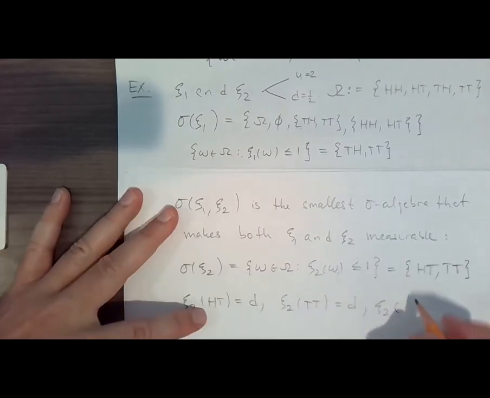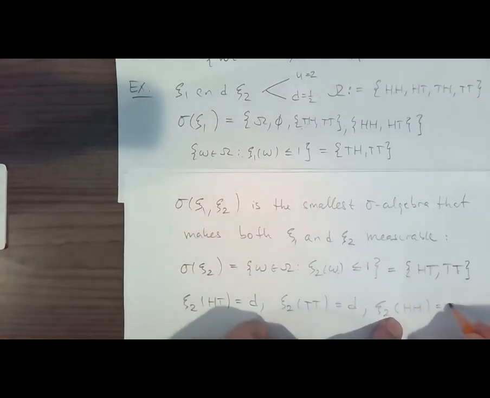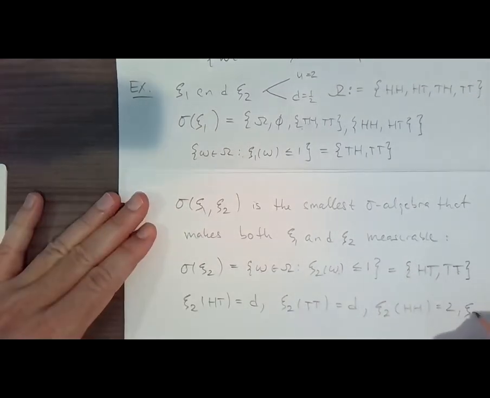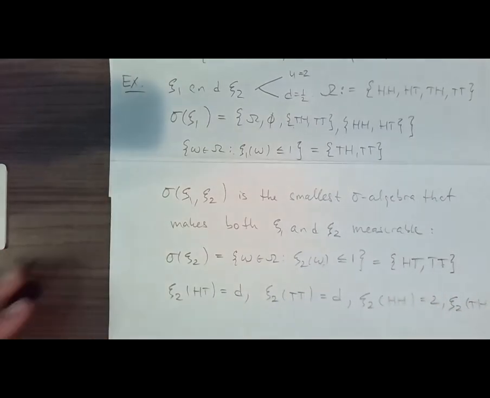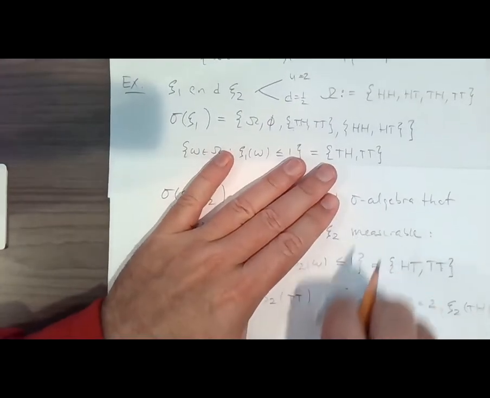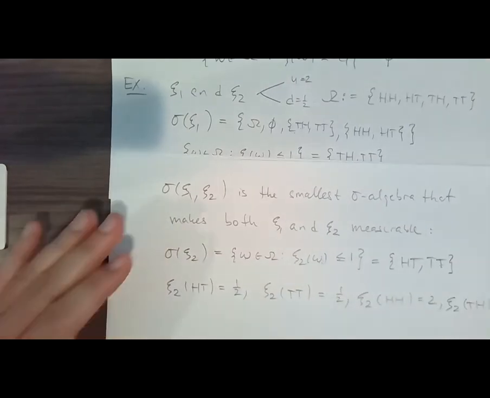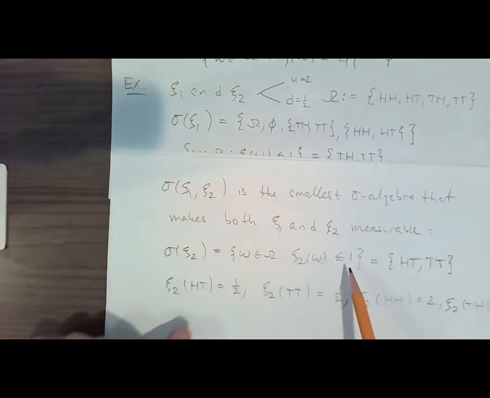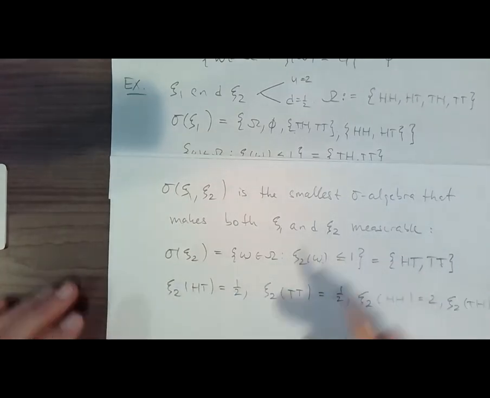Psi2 of, say, HH, it only sees the second one. This one here is equal to 2. Psi2 of TH, this is equal to 2. And d we have put to be equal to 1/2 in our example. All right, so if I want this thing to be less than or equal to 1, I can get HT and TT. All right, so that would have to go in there.